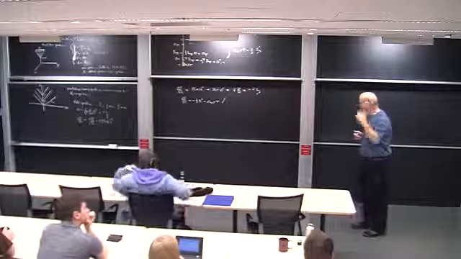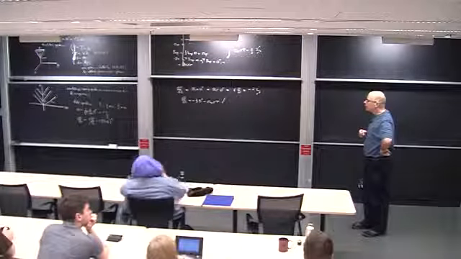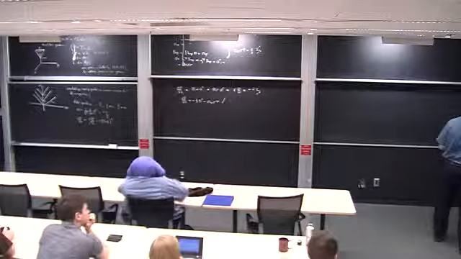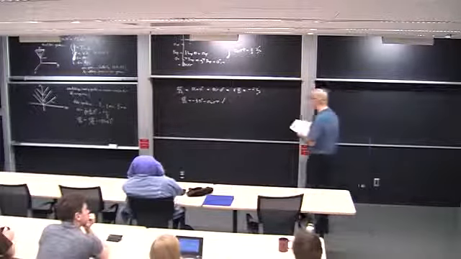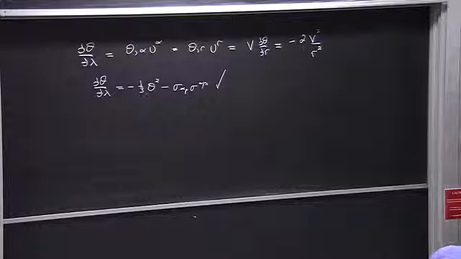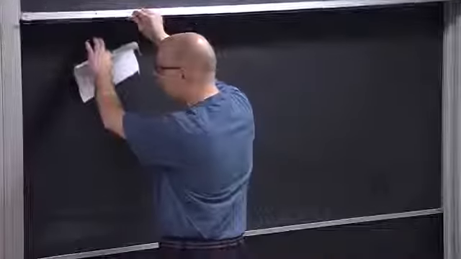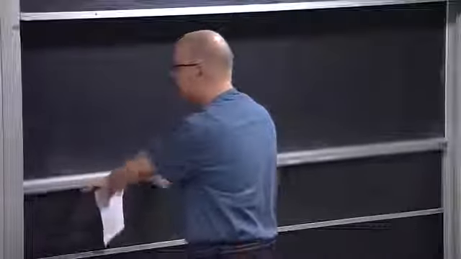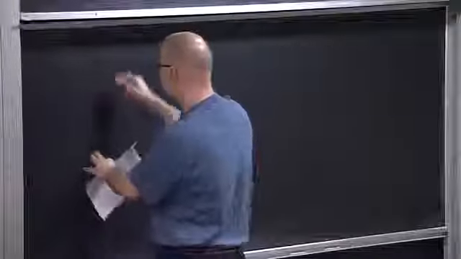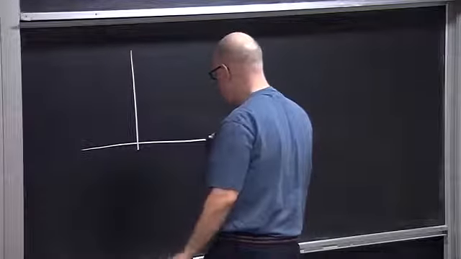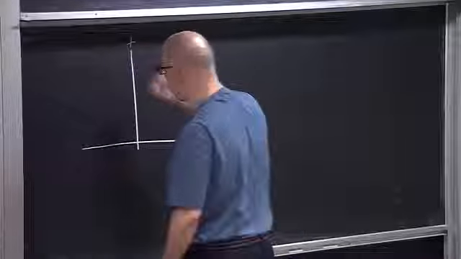Okay, so let me come back to those hypersurfaces, and then I'll think about taking the null limit. I'll just redraw the diagram that I had over on the other side. That's the x direction, that's the t direction.